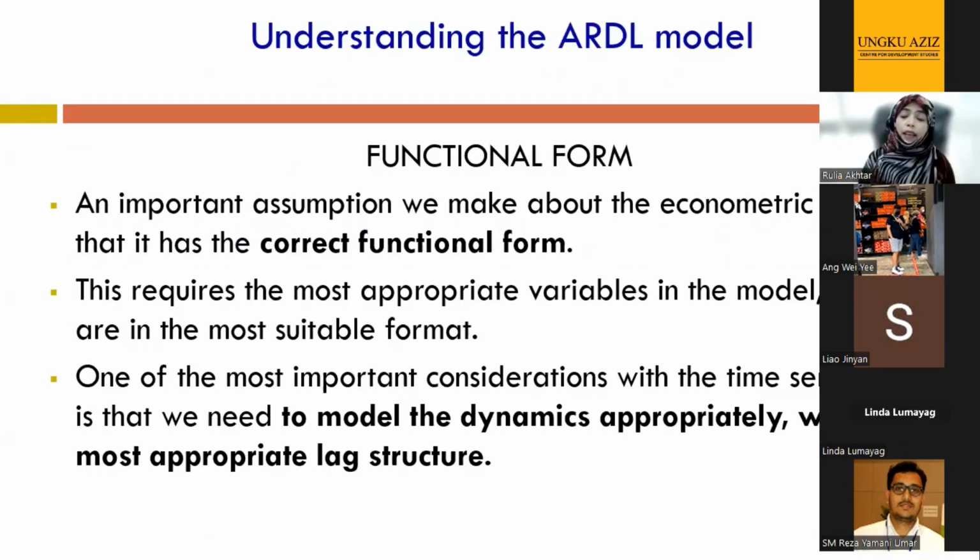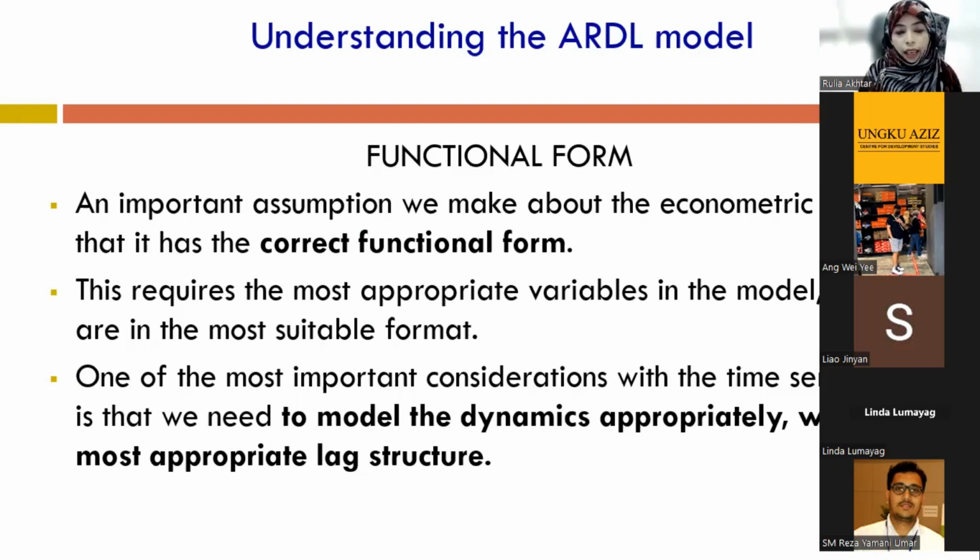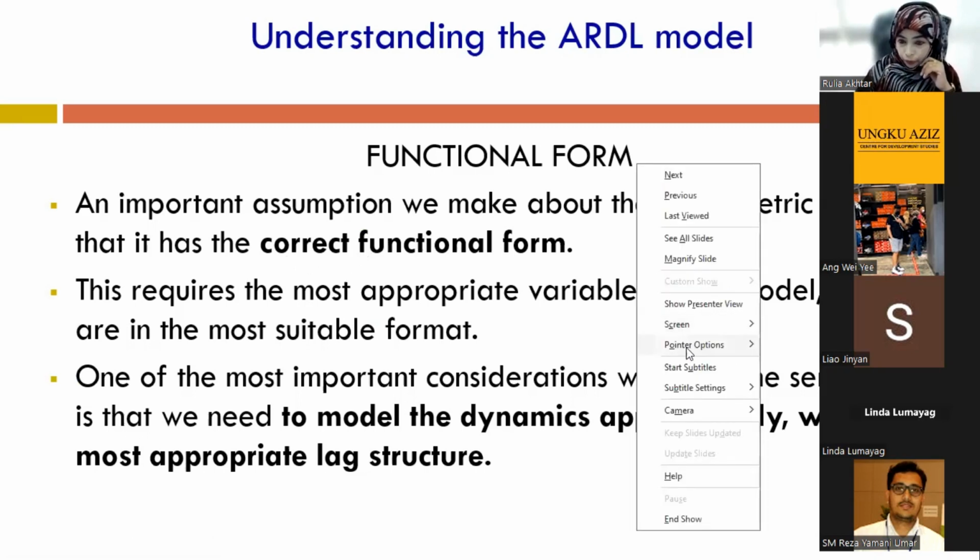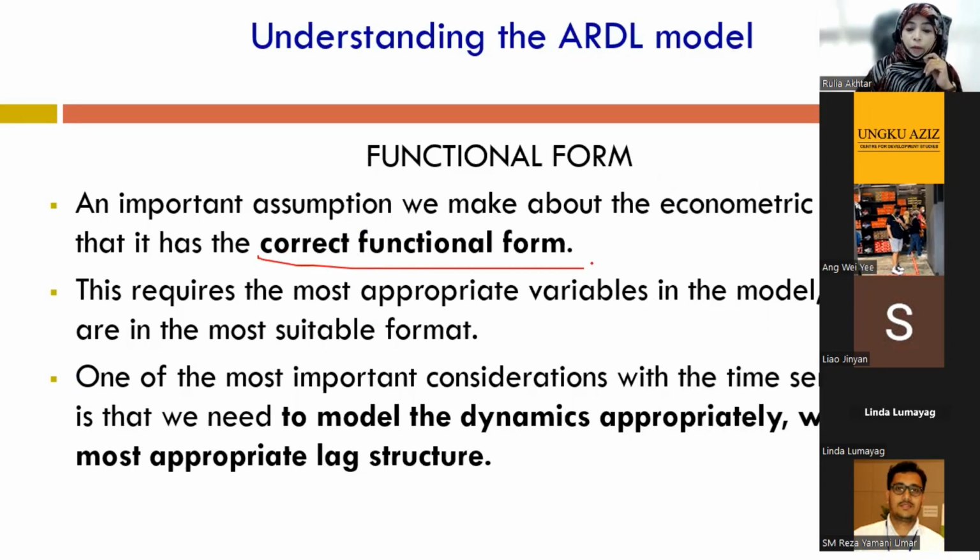Now, if we talk about any other econometric modeling, it is a very important assumption that the econometric or economic model needs to have the correct functional form. So what is the correct functional form?